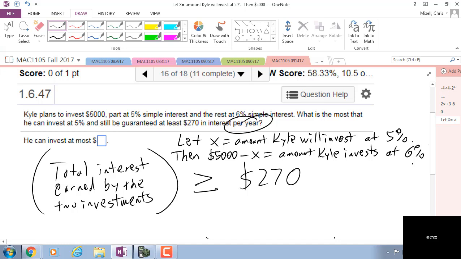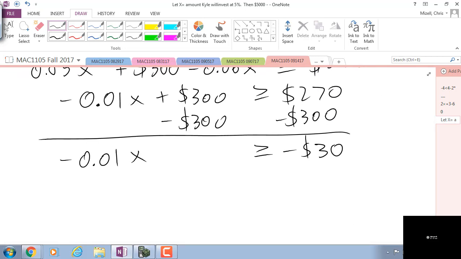Suppose Kyle wants to make at least $400 in interest. Well, if he goes with the entire $5,000 at 6%, he's just going to make $300 interest, so it's not going to happen. So I'm thinking right at this point we'd be facing X has such and such relationship to a negative number. Maybe X is less than some negative number, and we'd realize it was impossible.